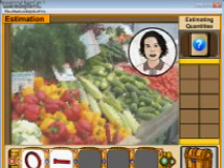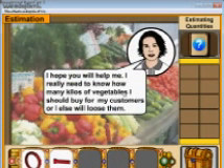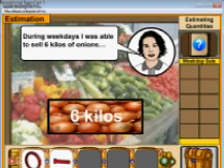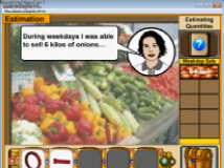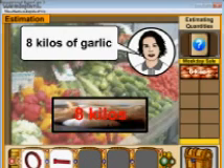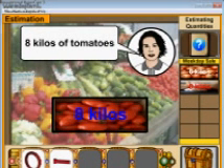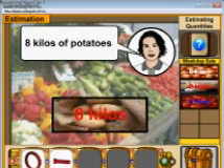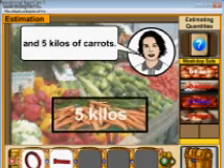And here's Elena. I hope you will help me. I really need to know how many kilos of vegetables I should buy for my customers, or else I will lose them. Sure, we will help them, right? During weekdays, I was able to sell 6 kilos, 8 kilos of tomatoes, 8 kilos of potatoes, and 5 kilos of carrots.